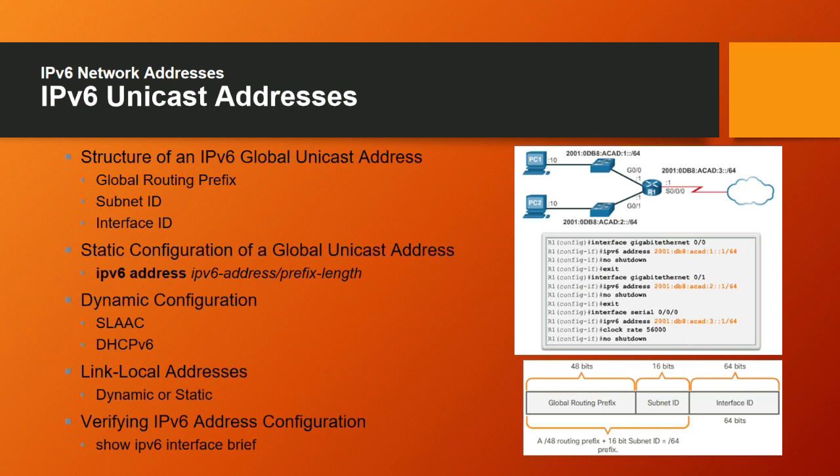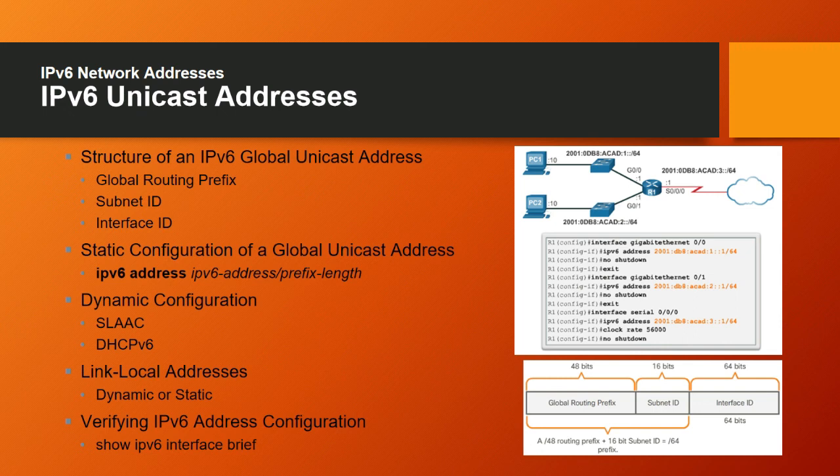Link local addresses. In computer networking, a link local address is a network address that is valid only for communications within the network segment or the broadcast domain that the host is connected to.